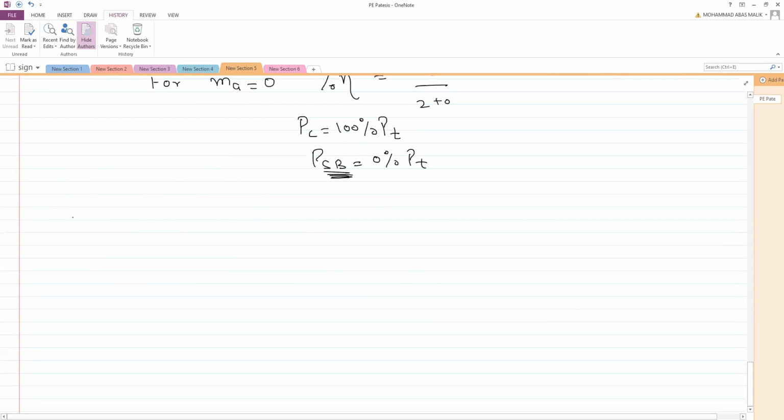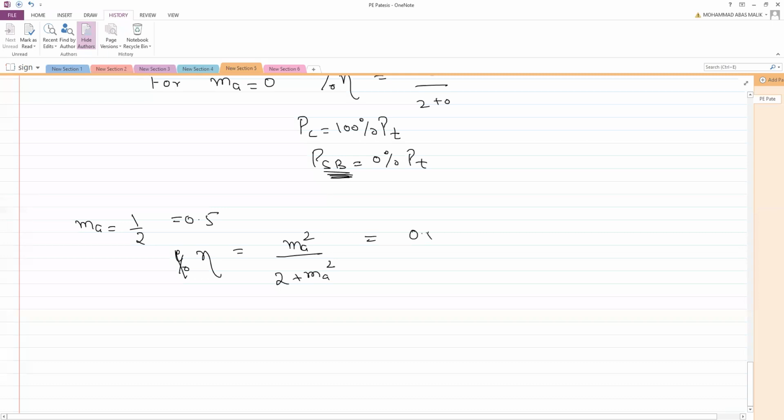Suppose for the second value you take MA equal to 1 by 2, that means 0.5. Then tell me the percentage efficiency: MA square divided by 2 plus MA square, right? Yes, sir.